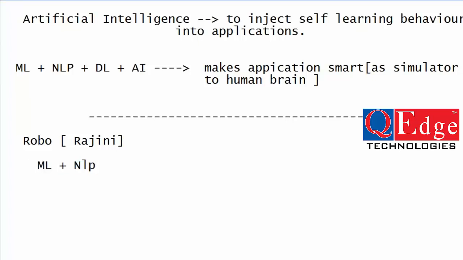After that, this Robo went for some army testing. But in that army testing, this Robo was rejected. The reason is that it could do only simple things, but could not do complex things. Because of that, in that movie, this Robo was rejected. So later, what was done?